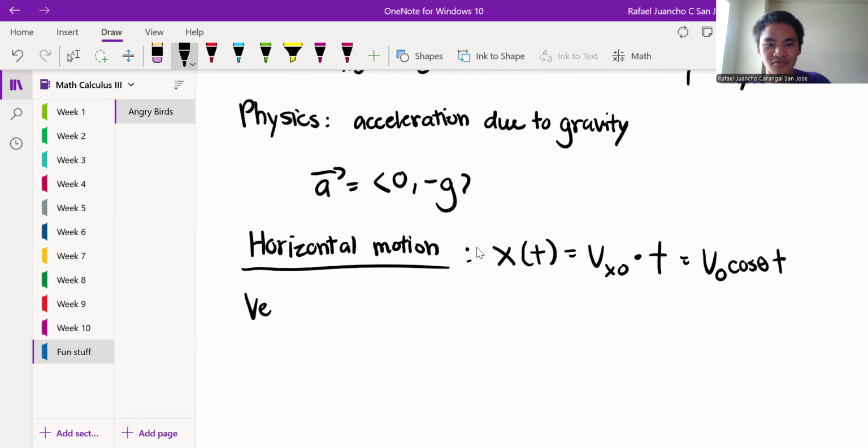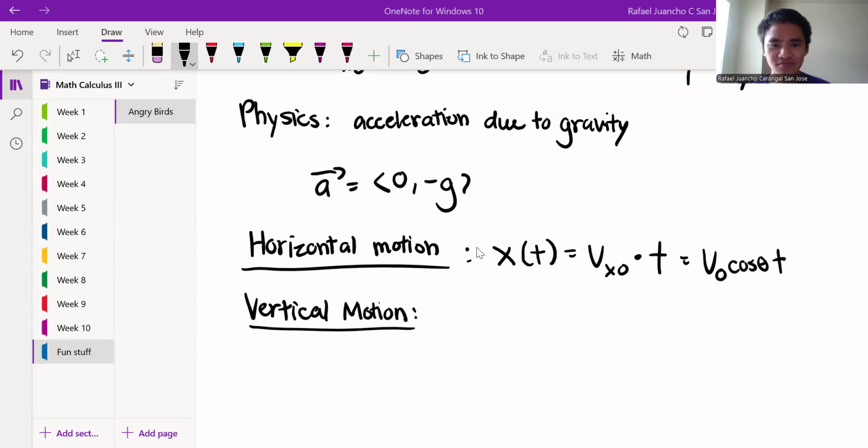And for our vertical motion, here we have acceleration because this is where we're being pushed down to the ground when we're trying to go up, right?